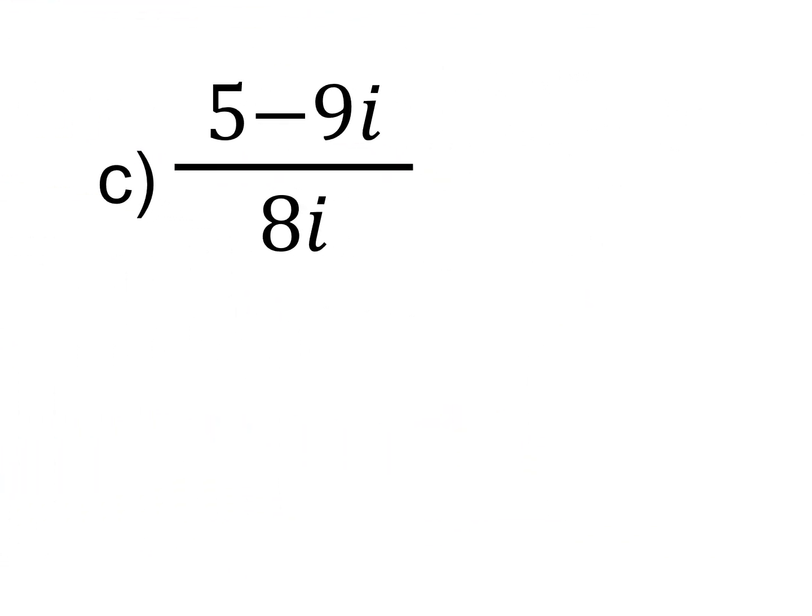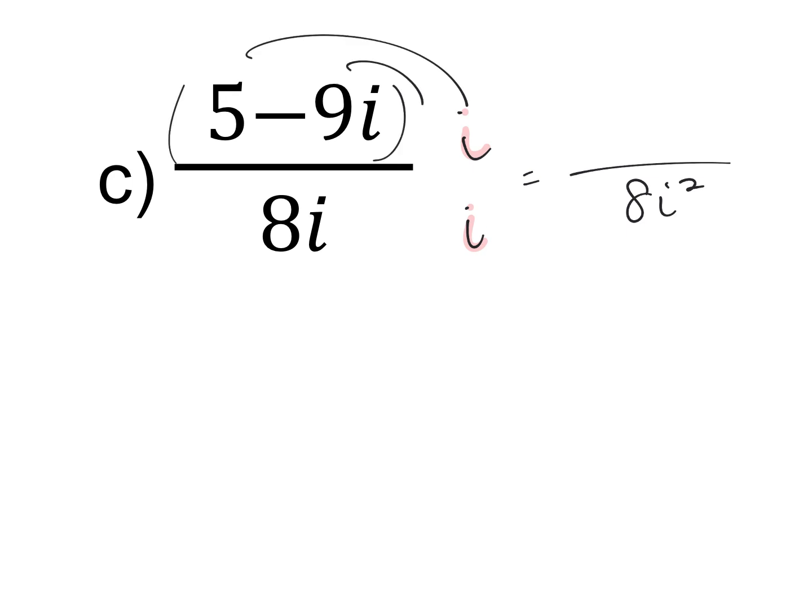This one. So can I simplify all 3 numbers by anything? No, unfortunately not. Okay, no big deal. So let's multiply it. What do I need to multiply the bottom by to get that i off of there? And the answer is i. So what you do to the top, you must, oops, that's the highlighter, sorry. So i over i. So we have on the bottom 8i squared, distribute that into that binomial, so 5i minus 9i squared.